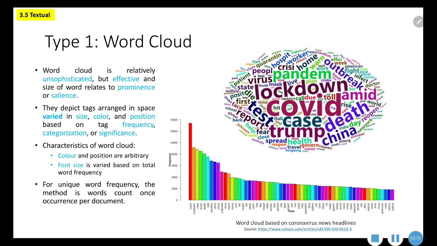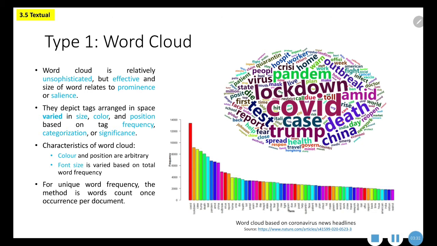The word cloud depicts text arranged in space that varies in size, color, and position, based on the tag frequency, categorization, or significance.